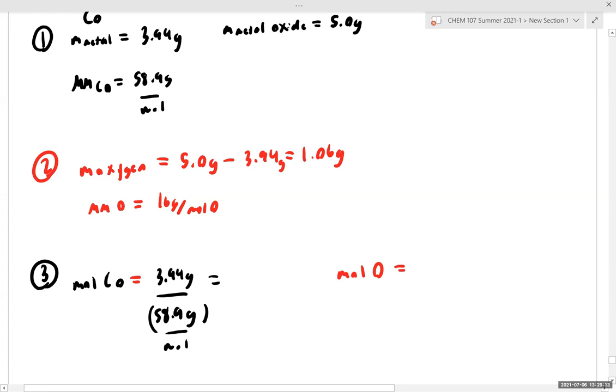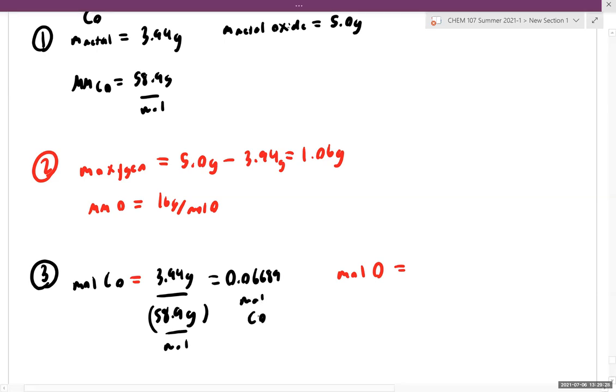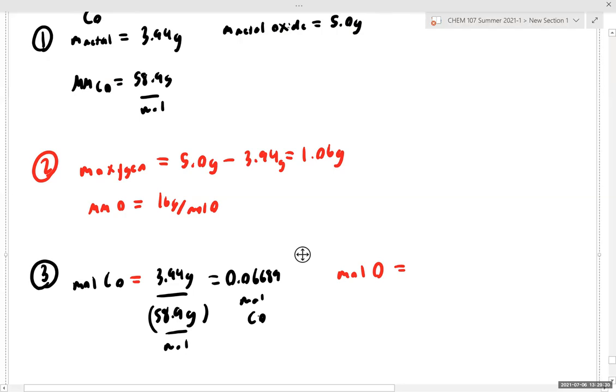So how many moles of cobalt do we have? 3.94 over 58.9. And that gives us what? 0.06689. Exactly right. Okay, so we have our moles of cobalt. What about our moles of oxygen? How many moles of oxygen do we have? 0.06625.